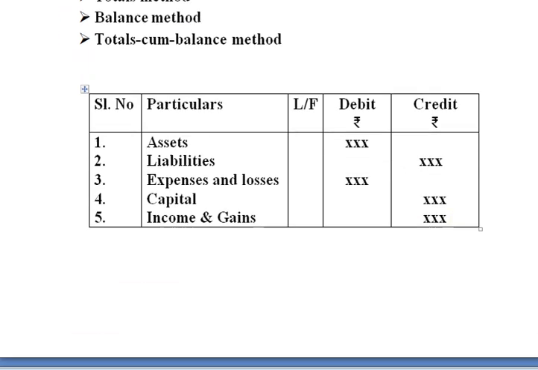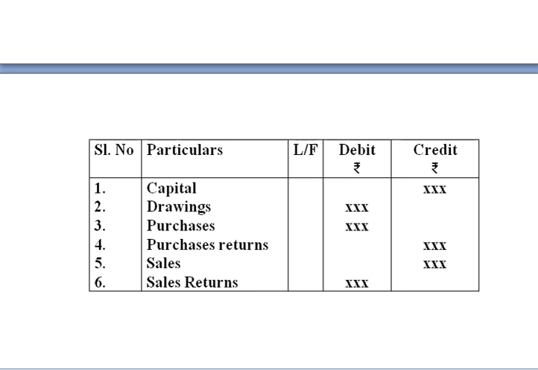Remember this. A few other entries: capital has a credit balance, drawings a debit balance, purchases a debit balance, purchase returns a credit balance, sales a credit balance, and sales returns a debit balance.